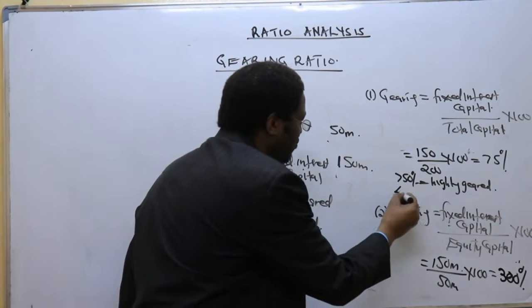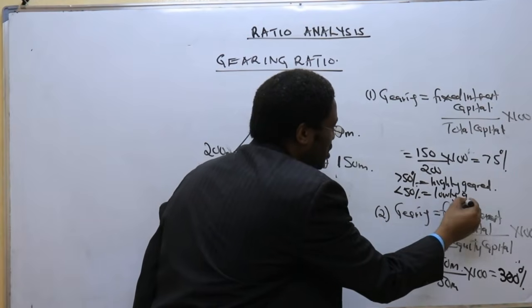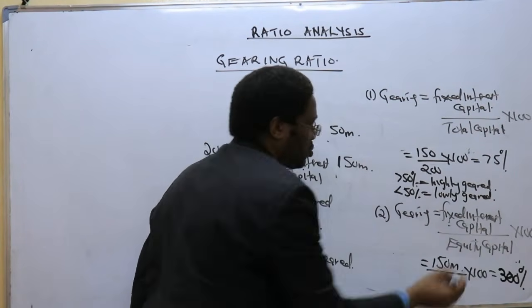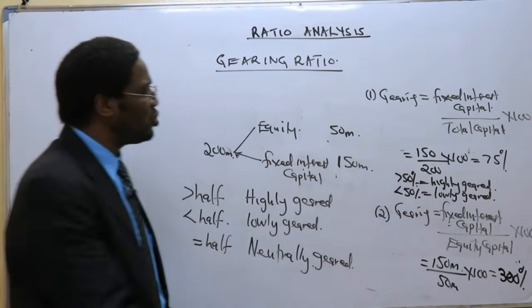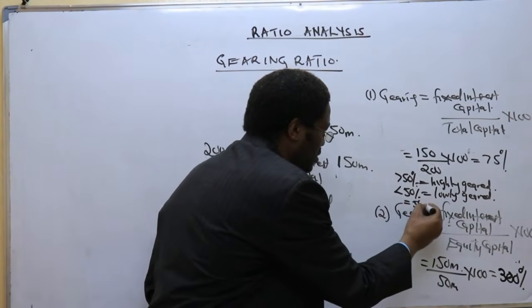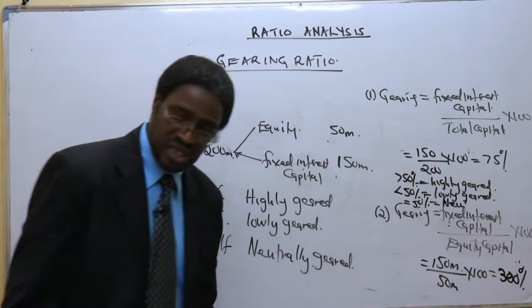Anything less than 50%, you conclude the company is lowly geared. That's what we are saying. And when you're using the first formula and you get exactly 50%, then the company is said to be neutrally geared.